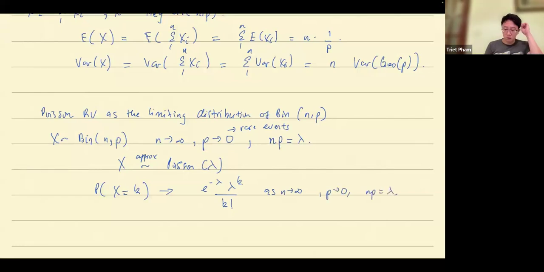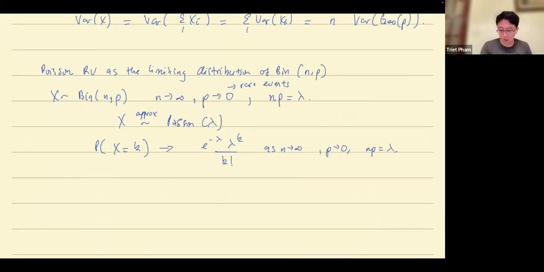Notice that first of all, the probability that X equals k, X being a binomial random variable, is n choose k, p to the k, 1 minus p raised to n minus k.